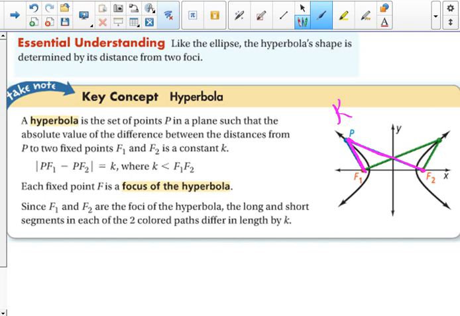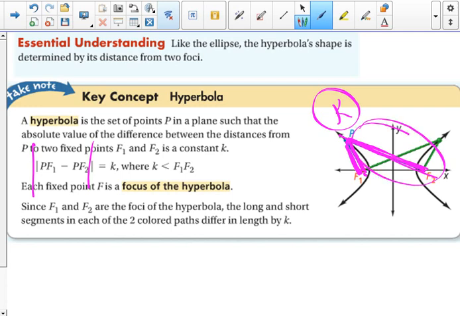Right. So from here to there minus from here to here is a constant K. And we take the absolute value because we're talking about measurement, distance. So whether it's positive, negative, here it would be negative because this minus that, this one's obviously longer.